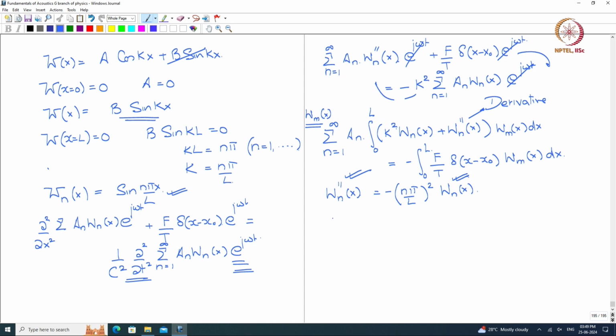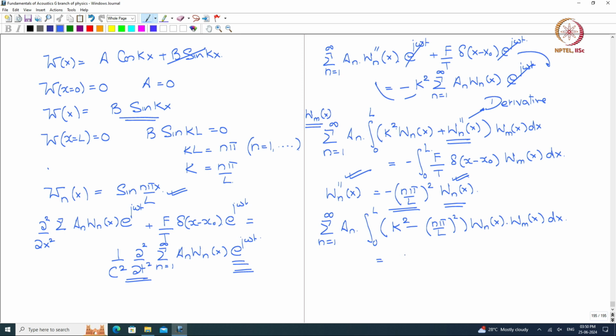So now what happens is we have summation n equal to 1 to infinity a n, integral 0 to L. Because this has become a constant into the mode shape, I will take it outside: k square minus (n pi by L) whole squared, then W n of x W m of x dx.